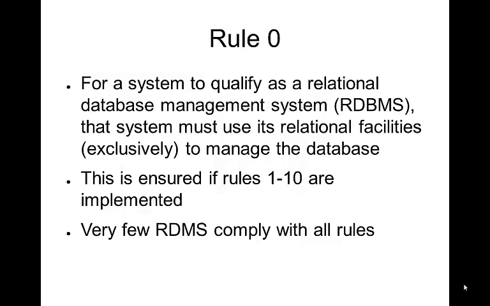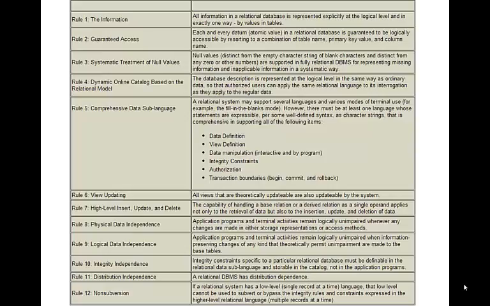To qualify as a relational database management system, that system must use its relational facilities exclusively to manage the database. And if you meet this criterion, then rules 1 to 10 are implemented as well. So by meeting rule 0, you're also meeting rule 10. It's true that very few relational database management systems comply with all of Codd's definitions of what a relational database management system should contain.